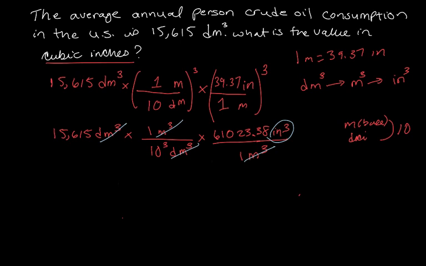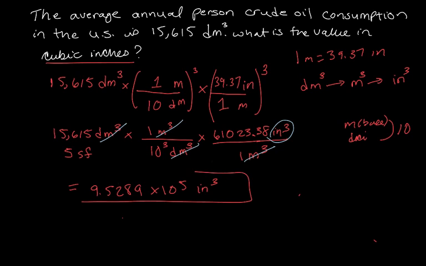And when we plug this in, we end up with 9.5289 times 10 to the 5th cubic inches. And this has the correct number of significant figures because we have 5 sig figs here. So we end up with our final answer of 5 significant figures.